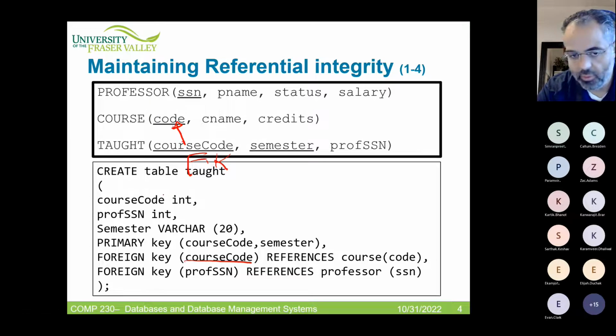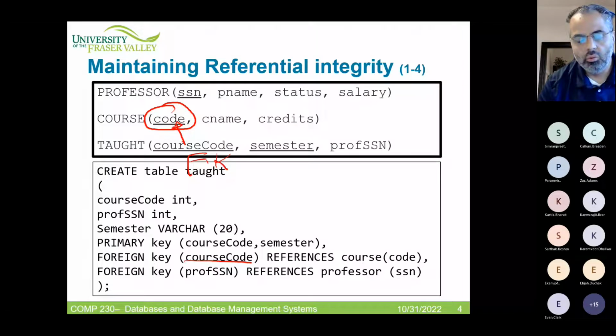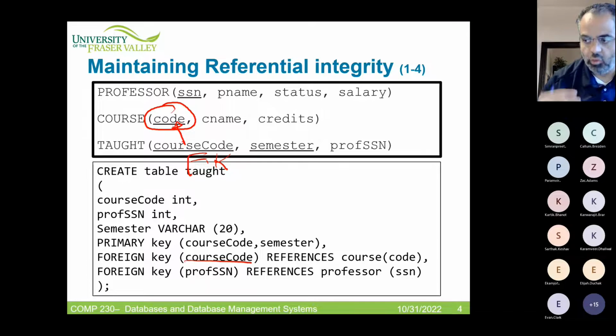It is part of the primary key, but it is a foreign key, and it refers to the primary key in the course table. So suppose you have a course with code COM 230. Since it is a copy, the course code in table taught will have 230 as a record.